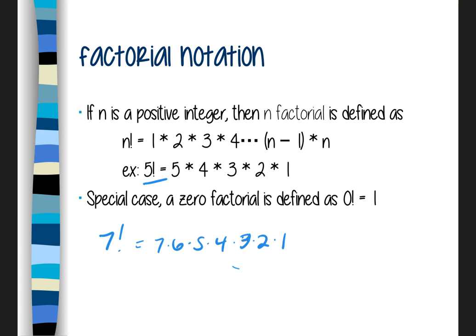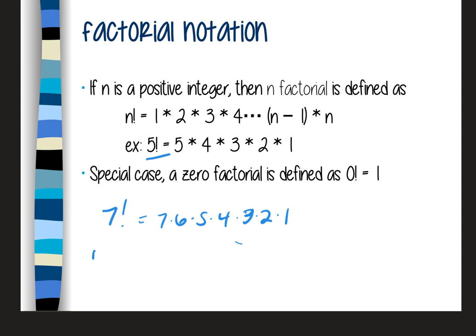Your calculators do have a factorial button on them. They have an exclamation mark. It is under the math button. Then you go over to PROB for probability, and the fourth thing in the line is your exclamation mark. So if I wanted to do 7 factorial, I could do 7 times 6 times 5 times 4 times 3 times 2.